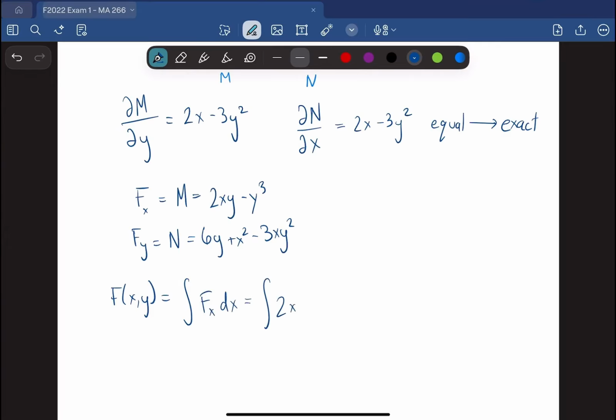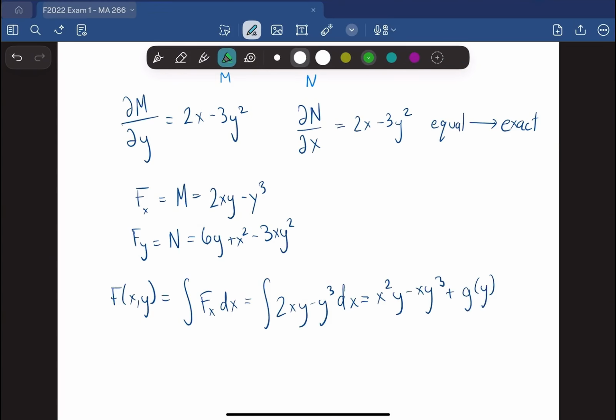So it's going to be the integral of 2xy minus y cubed dx, which is going to give us x squared y minus xy cubed plus, and then we're just going to call it g of y. This is basically our plus c, because remember, back from Calc 2, this is an indefinite integral, so we're always going to have a constant.